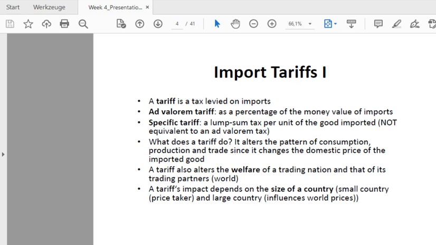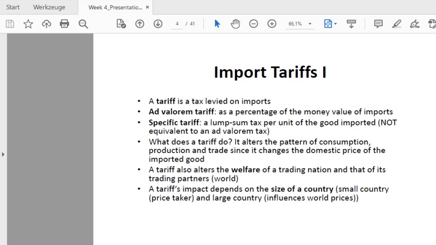But we could have the same tax if, for example, we have a good that costs 100 rands and the specific tax is 10 rands, then we have the same case as an ad valorem tariff of 10%. So those are both kinds of tariffs that we find commonly around the world. What does a tariff do?